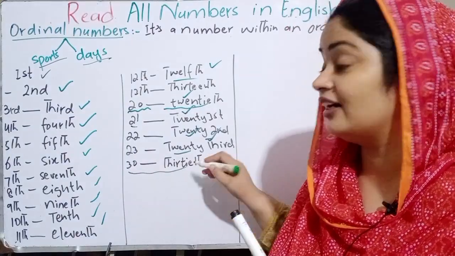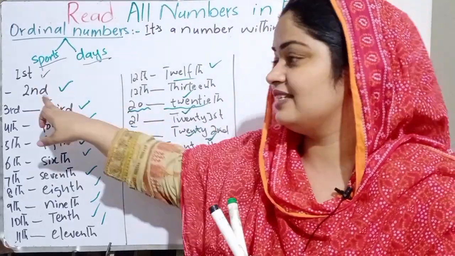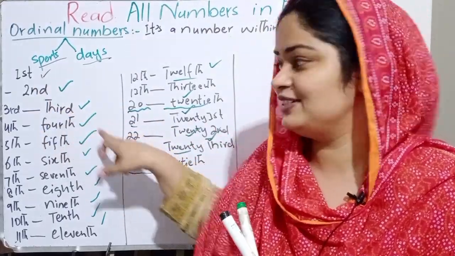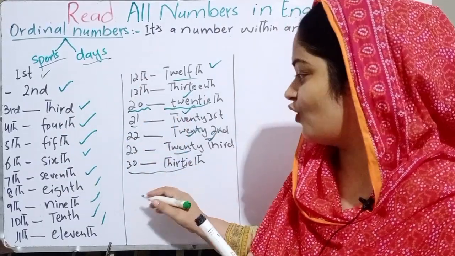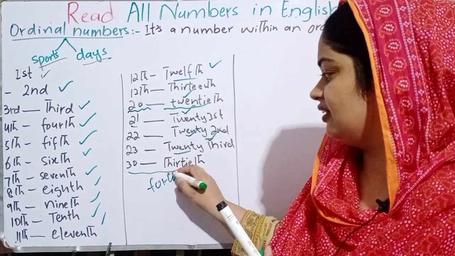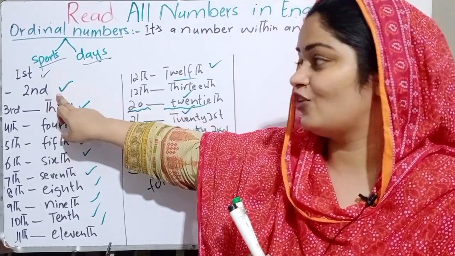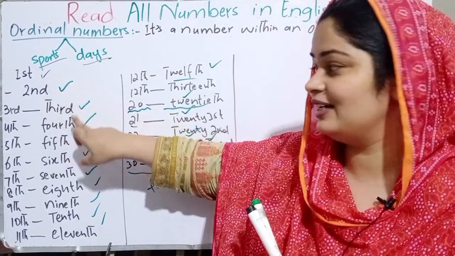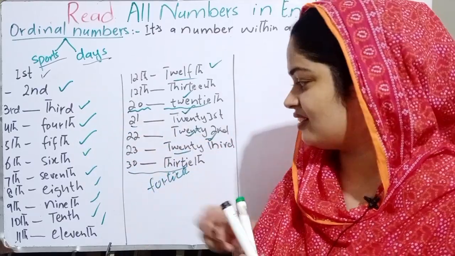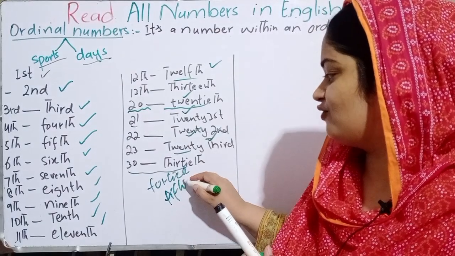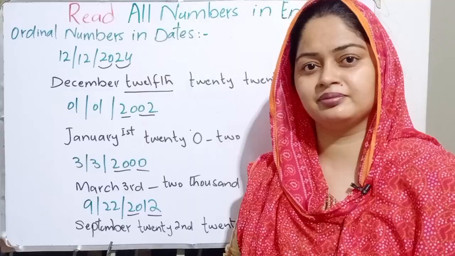Next 30th, 31st, 32nd, 33rd, 34th, 35th, 36th, 37th, and 40th, 41st, 42nd, 43rd, 44th, 45th, 46th, 47th, and 50th. In this way the ordinals go on.